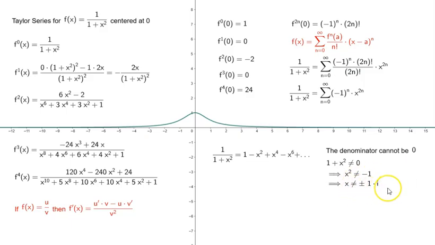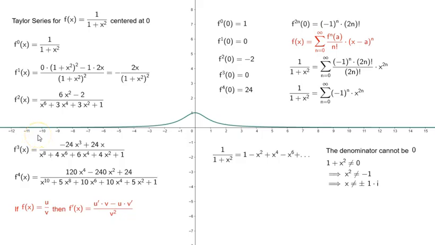And since it is there, it means that this Taylor series will not converge to the function throughout. So that means there is going to be a restricted radius of convergence.